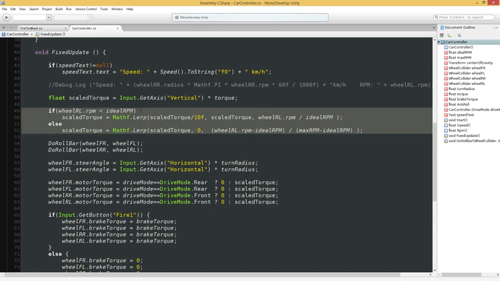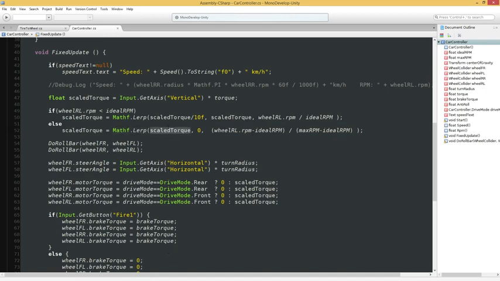This is not realistic and really needs to be tuned a lot, but the idea is, especially if we look at this one, this is when our wheel RPM is greater than our ideal RPM. The higher it is, the closer we get to our max. So once we get to our max RPM, this will equal 1. If we're at our ideal RPM, this would equal 0. So if we're at our ideal RPM, which is 0, this lerp will simply return the scaled torque, which means we'll get maximum torque.